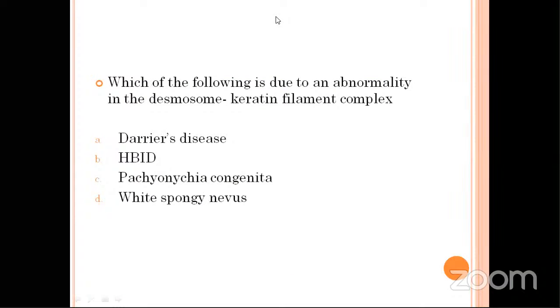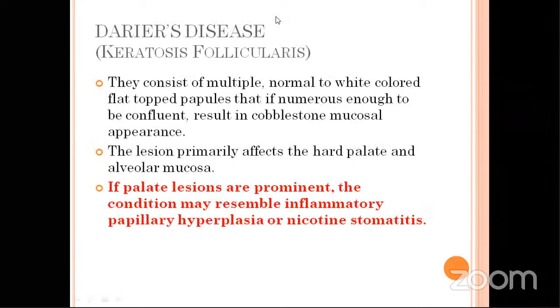Which of the following is due to an abnormality in the desmosome keratin filament complex? The best option would be Darier's disease. One important point is that it is a differential diagnosis of denture stomatitis. In denture stomatitis, just as there are small erythematous areas in the denture bearing area, these patients will have similar areas on the palate.